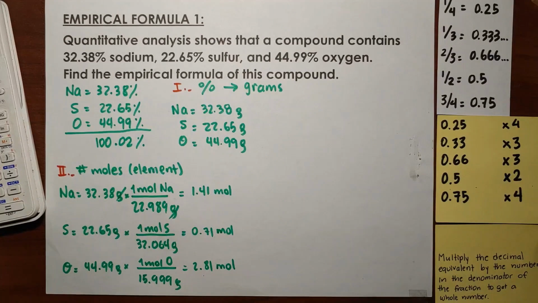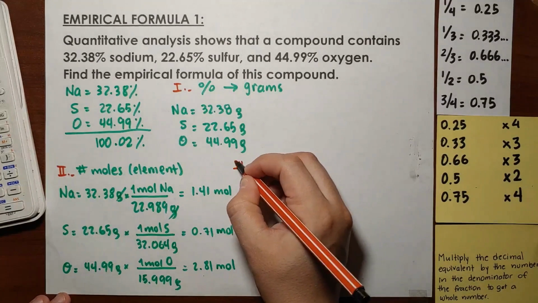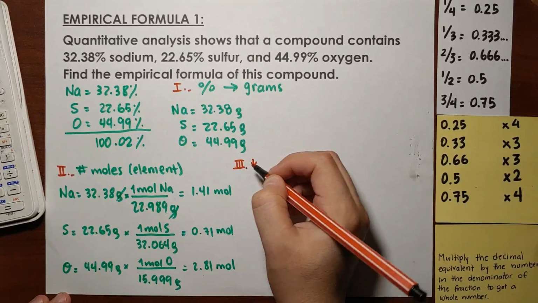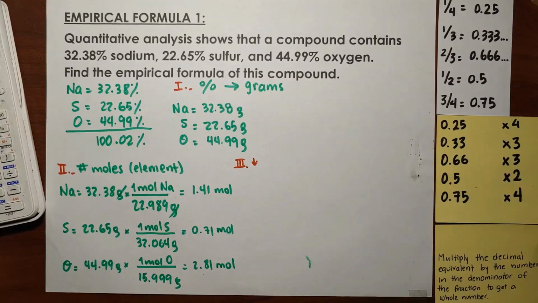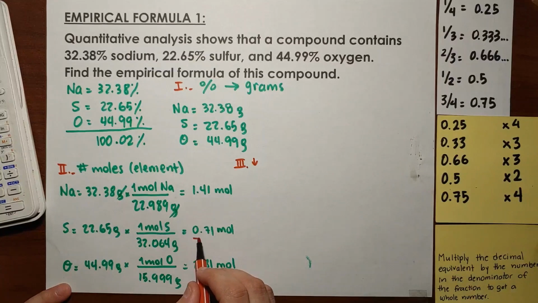Now, the next step is, in the third step, it's so easy. You will see. Sorry about the spot over there. What we do is we're going to highlight the list of the results. As you can see, this is my list of amounts of moles.